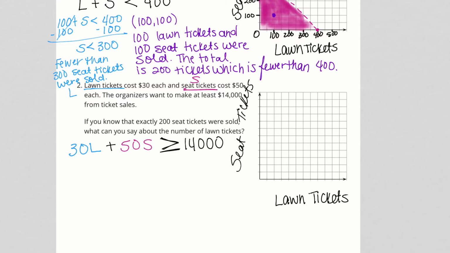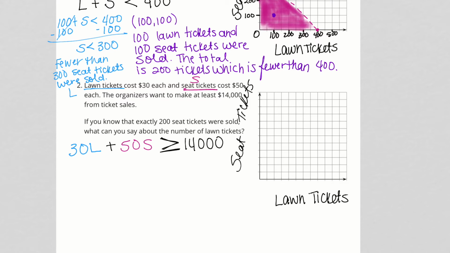Now we want to graph it. How are we going to graph this? Do we want to use slope-intercept, or do we want to use our x and y intercepts? If we solve for S to get slope-intercept form, that would work.